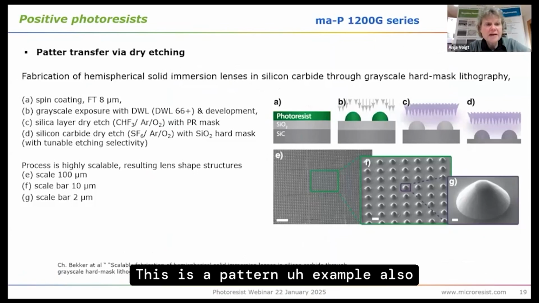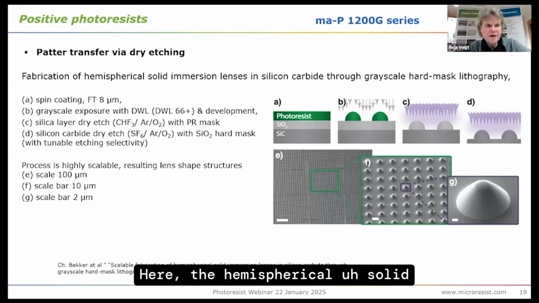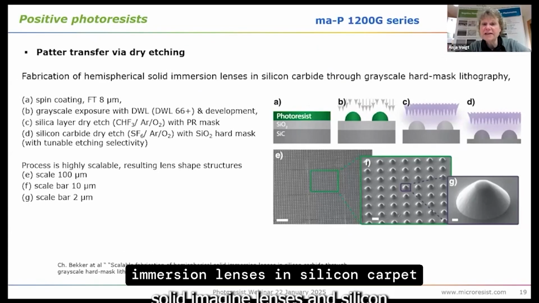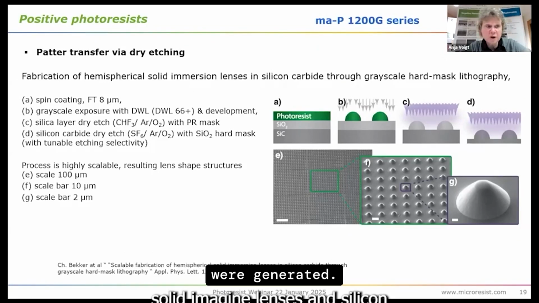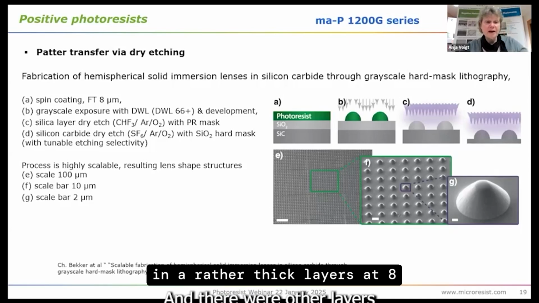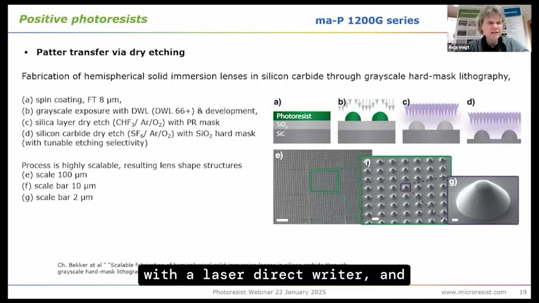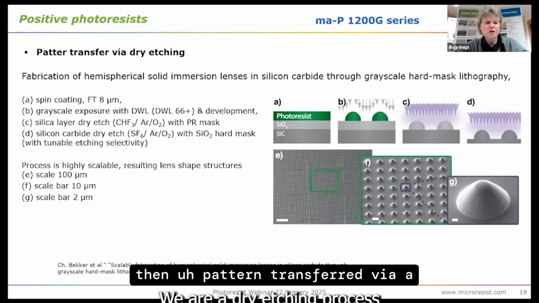This is then a pattern example also for the resist. Here, hemispherical solid immersion lenses in silicon carbide were generated. So you have a resist spin-coated in a rather thick layer at 8 micrometer, then grayscale exposed with a laser direct writer, and then the pattern transferred via a dry etching process into the substrate underneath.